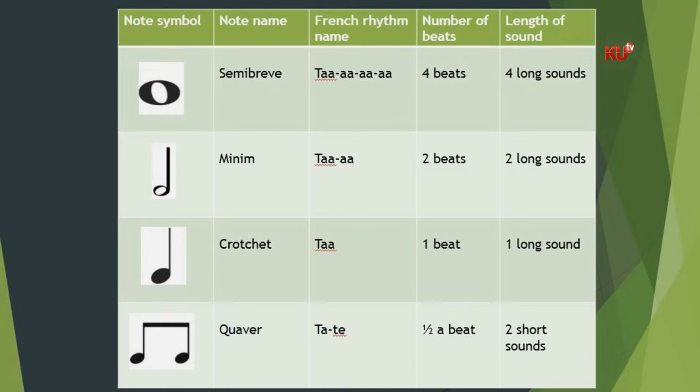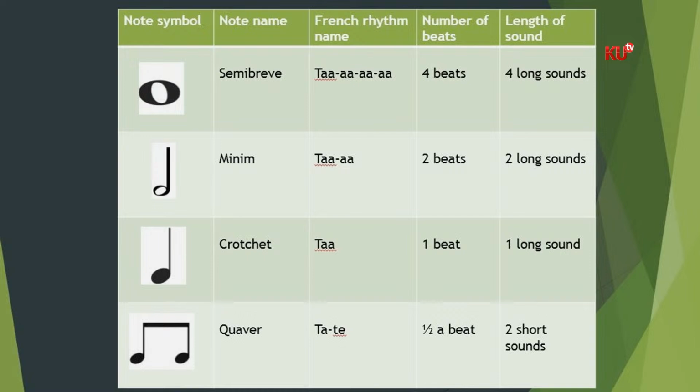The crotchet, whose French rhythm name is ta, has 1 long sound and it is equivalent to 1 beat.